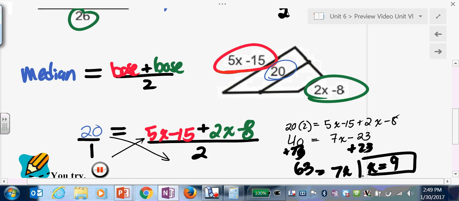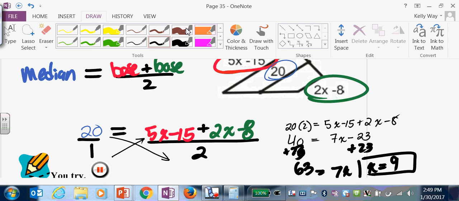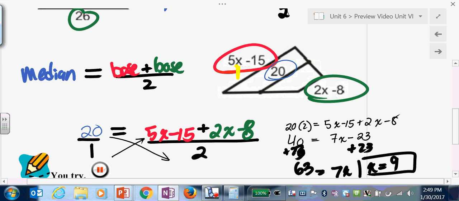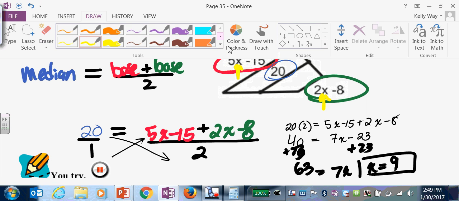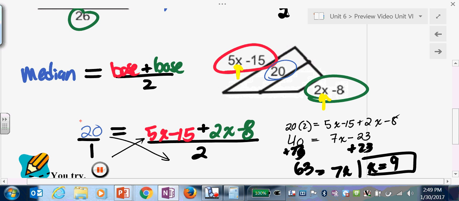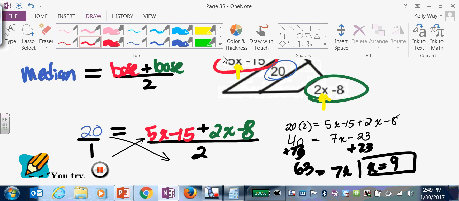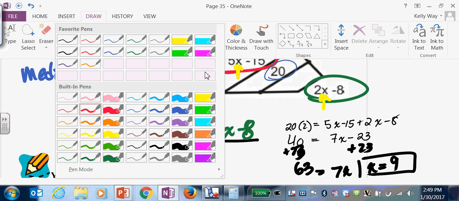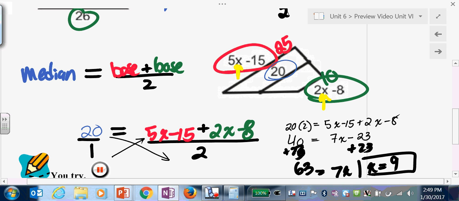You should have gotten x equals 9 then. Don't get all happy. This is not algebra class. You need to take that 9 and plug it back in and see what happens. So 5 times 9 is 45 minus 15 is 30. And then here we have 2 times 9, which is 18 minus 8, that means it's 10.